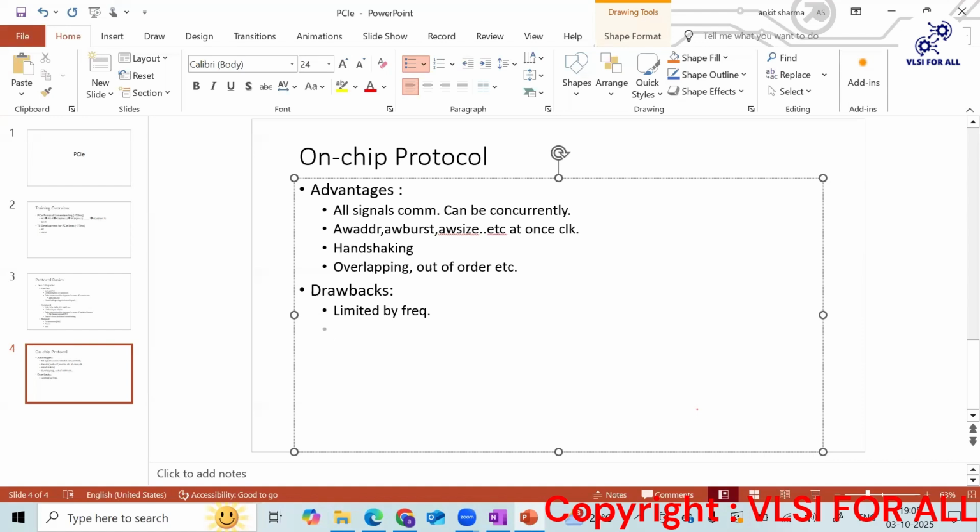You can put the example I gave: generally processors work at approximately 2.5 gigahertz.